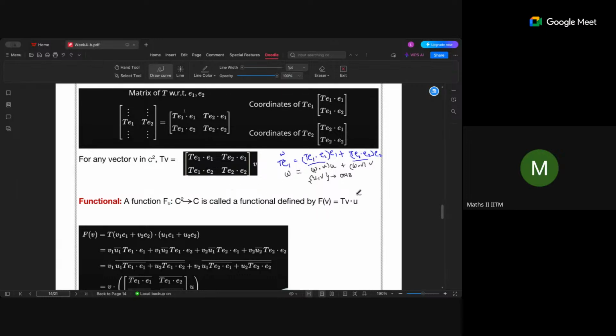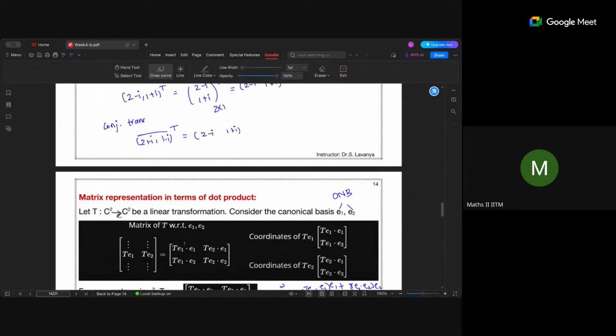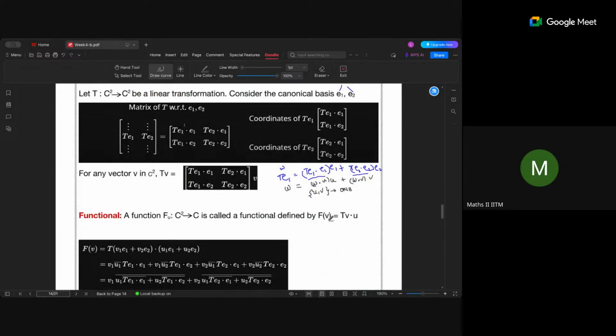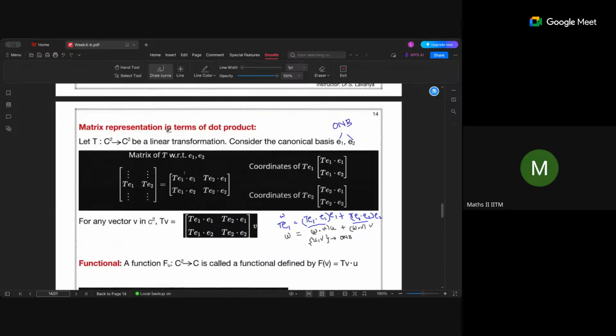By fixing some vector in C2 and doing the dot product in this way. So f of v is equal to Tv dot u, where T is a linear transformation from C2 to C2.